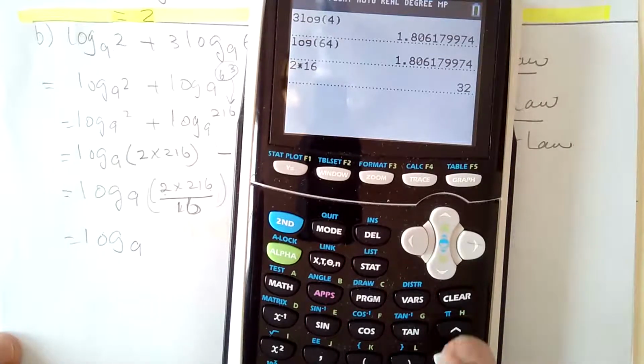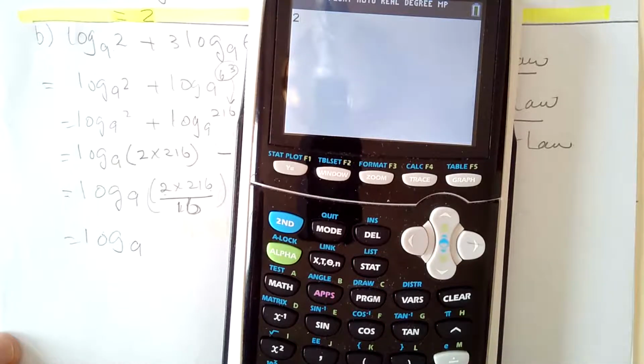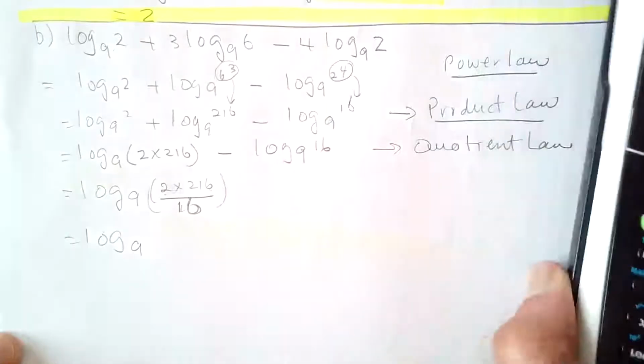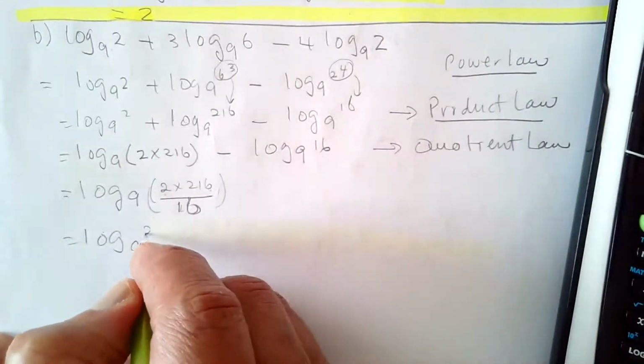Sorry, that'll be 2 times 216. 432 divided by 16, 27. Okay, so all of this here is 27.